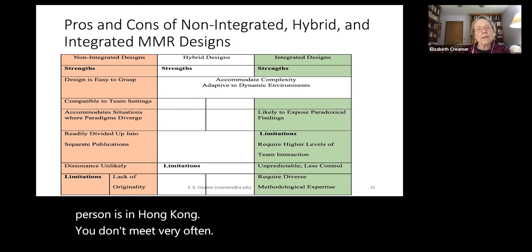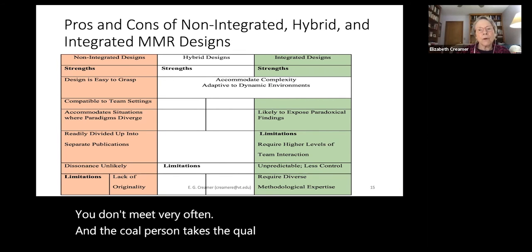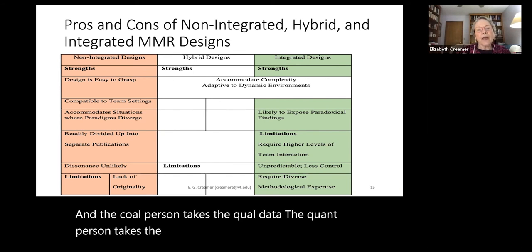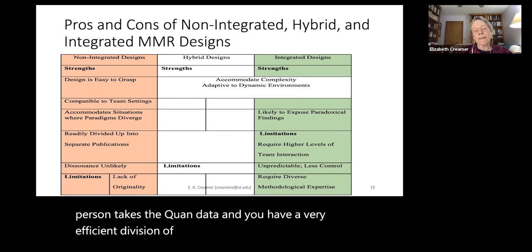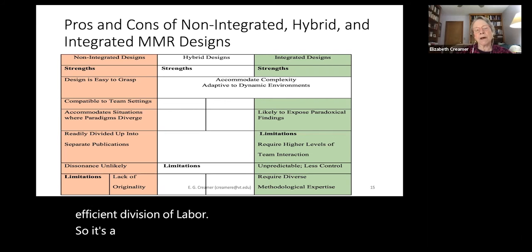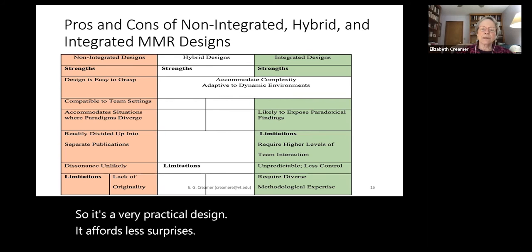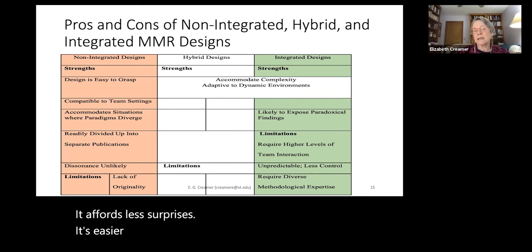The qual person takes the qual data, the quant person takes the quant data, and you have a very efficient division of labor. So it's a very practical design. It affords fewer surprises. It's easier to plan. It's probably easier to allocate resources.